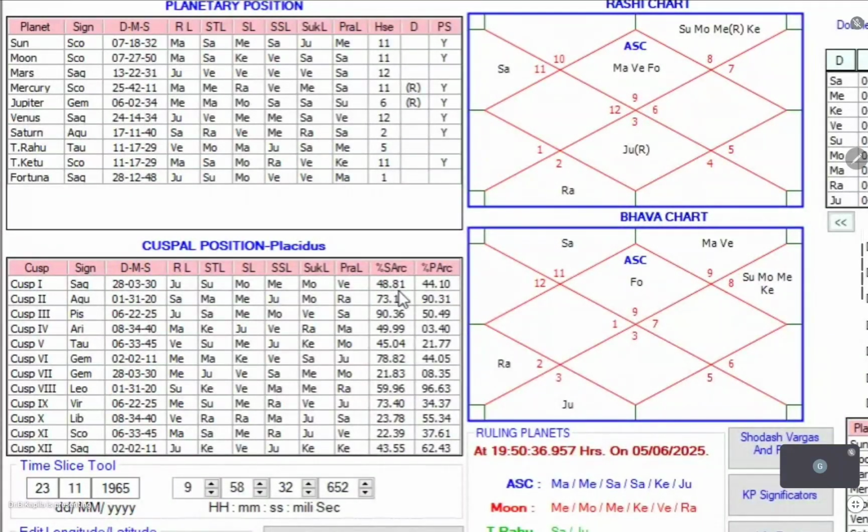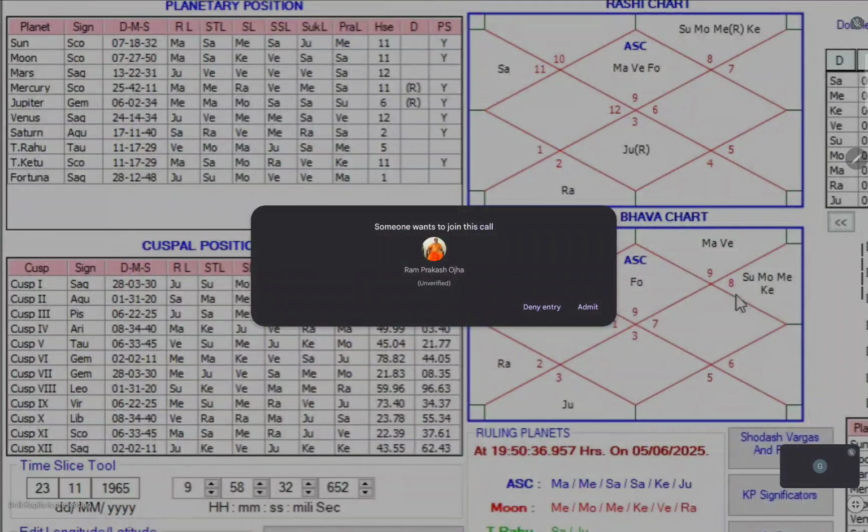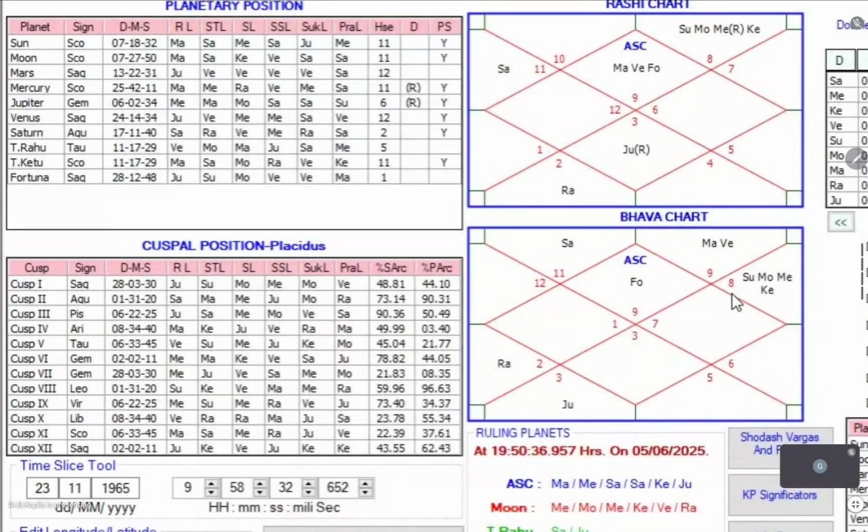So here, the second rule that we can follow is that we will look at the ascendant subsublord Mercury, and Mercury here is in the sign of Scorpio, which is a female sign. So, chart of a male, ascendant subsublord in the female sign, male, female, you can have the arc fixed above 50% also. Even that will not make any difference.